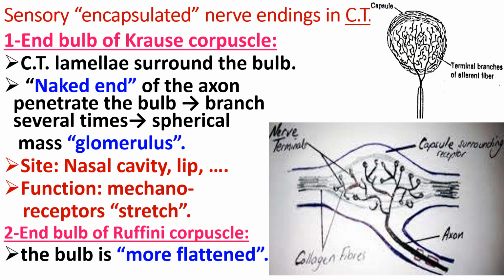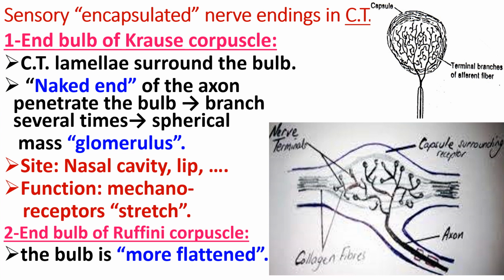The first type of capsulated is called the end bulb of Krause or Krause corpuscles, named after a scientist. In Krause corpuscles, it is surrounded by connective tissue lamellae, and the non-myelinated nerve fiber penetrates the bulb and branches several times to form a spherical mass called a glomerulus.